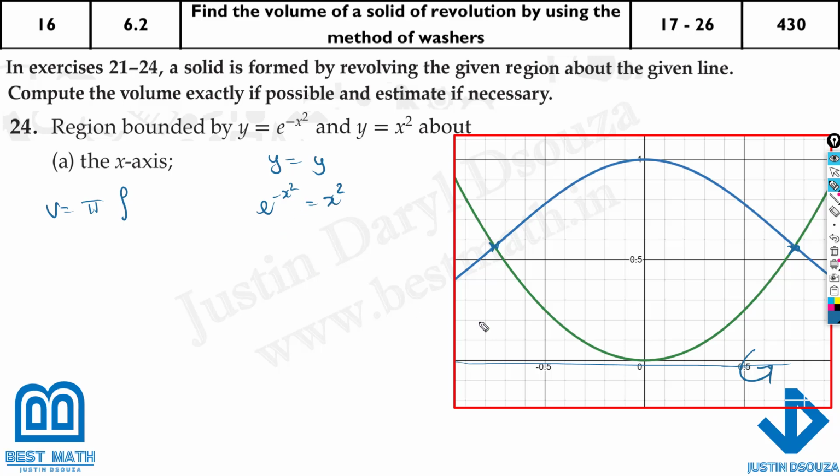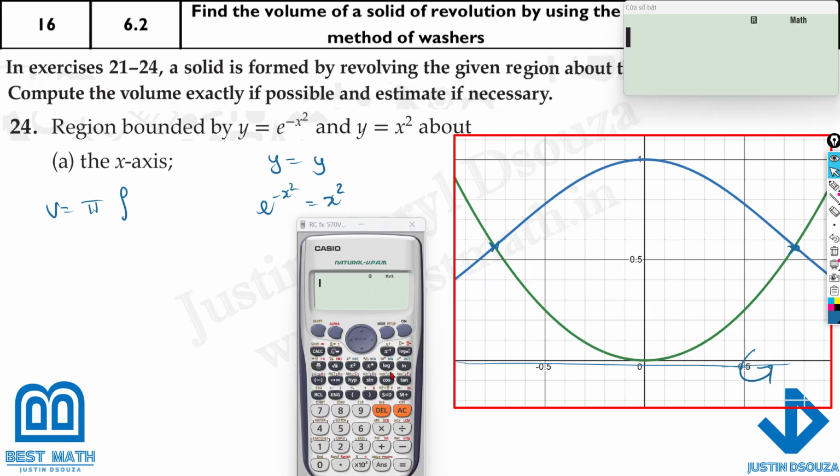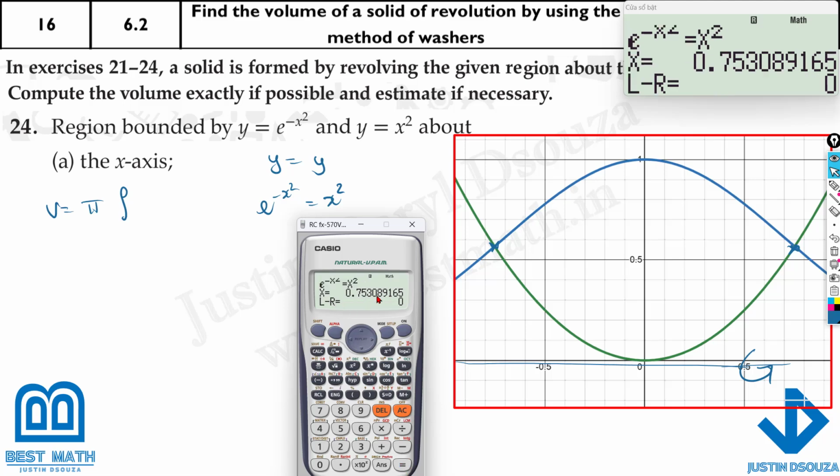There are some approximation methods to find this, table methods and all, but the easiest is the calculator method. It's shift, then e to the power minus x squared, alpha, equals, alpha, x squared. Then shift and solve. Equal to won't give you the answer, shift solve does.